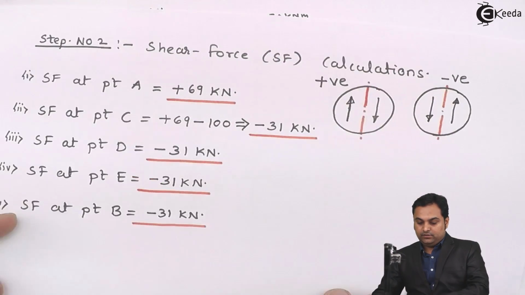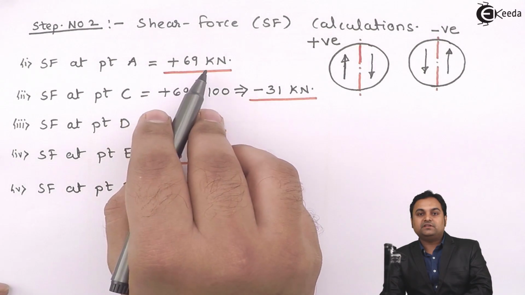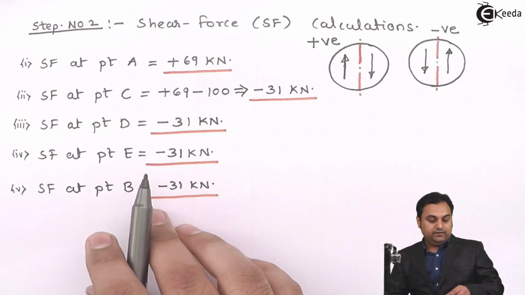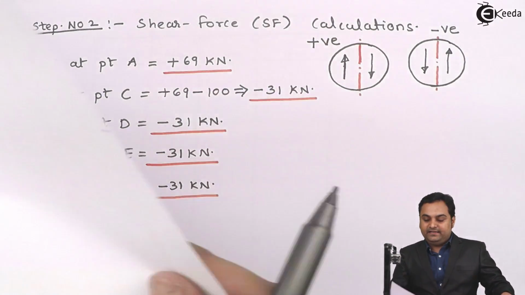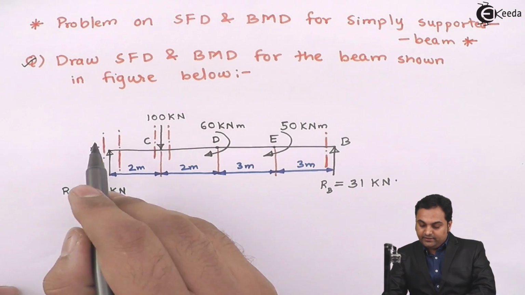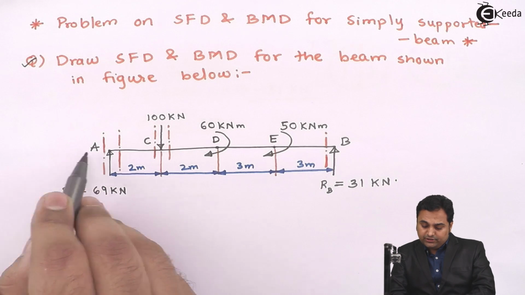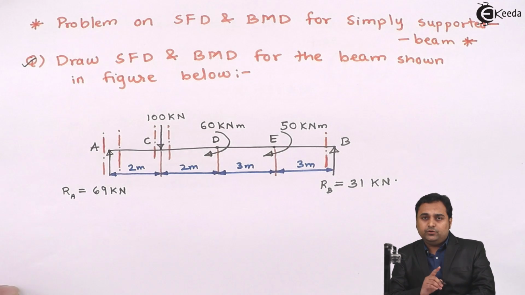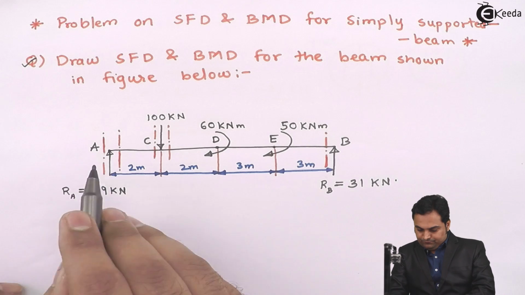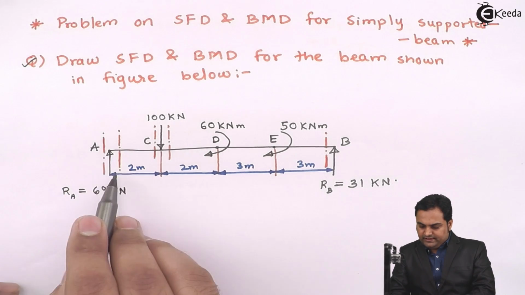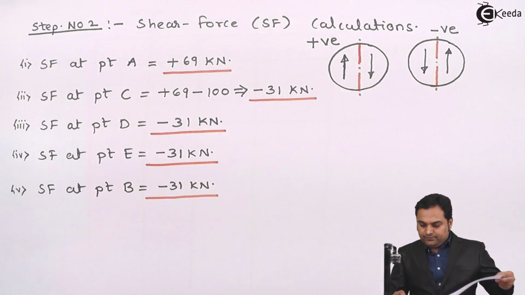Now at point A, the shear force value is plus 69 kilonewton, and while drawing the beam diagram I had explained that if I am taking the section to the left of A, then there are no forces on the left hand side. So shear force value at A, first it is 0. When I am taking the section on the right hand side, then the value is 69.